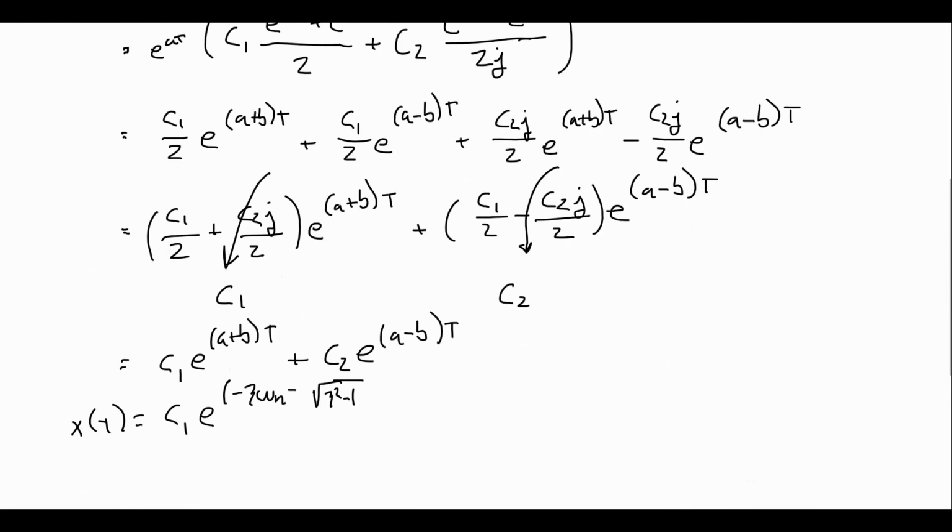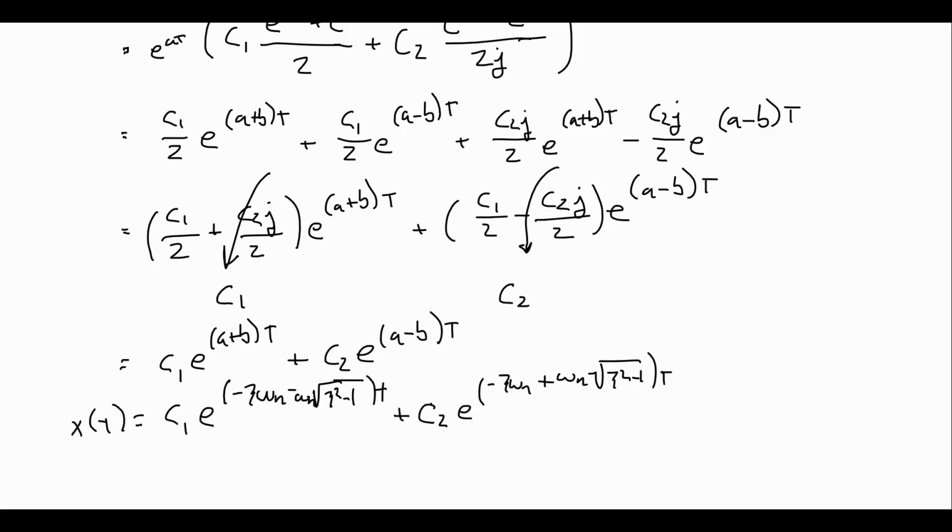And there's also an omega n attached to that. And that's times t plus c2 e to the negative zeta omega n minus omega n square root of zeta squared minus 1 times t.